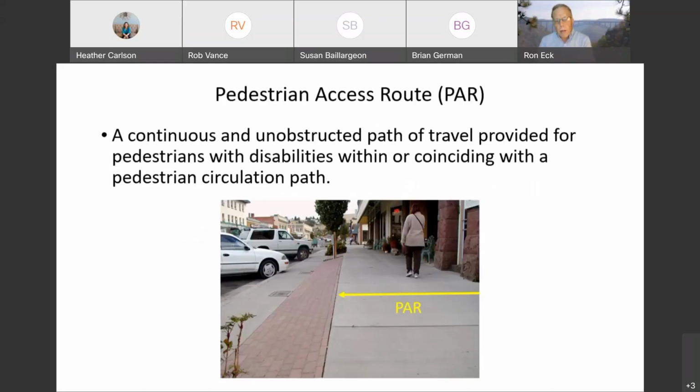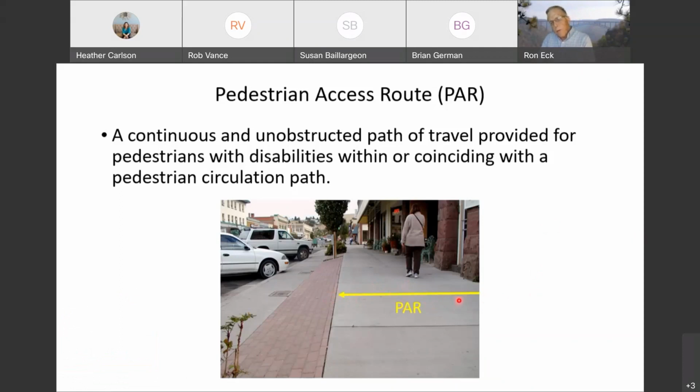Pedestrian access route is the continuous, unobstructed path of travel provided for pedestrians with disabilities within or coinciding with a pedestrian circulation path. And here we see an image. Notice the yellow area is the pedestrian access route.